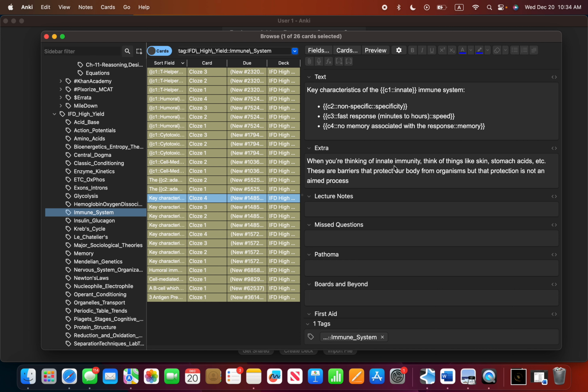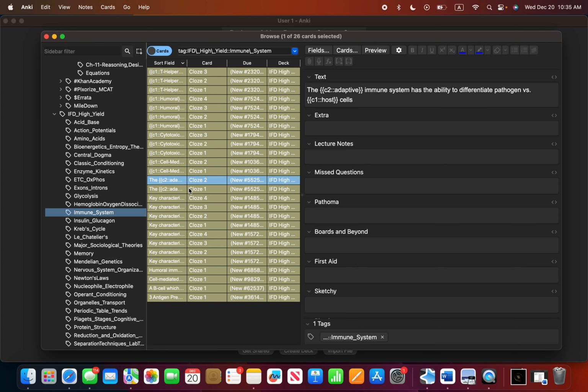When you're thinking of innate, think of things like skin, stomach acid, etc. So it's pretty much like passive, and it's the first barrier, right? These are barriers that protect our body from organisms, but that protection is not an aimed process. Cool. It's not aimed, okay, right? Adaptive is it can differentiate between host cells and the pathogens.